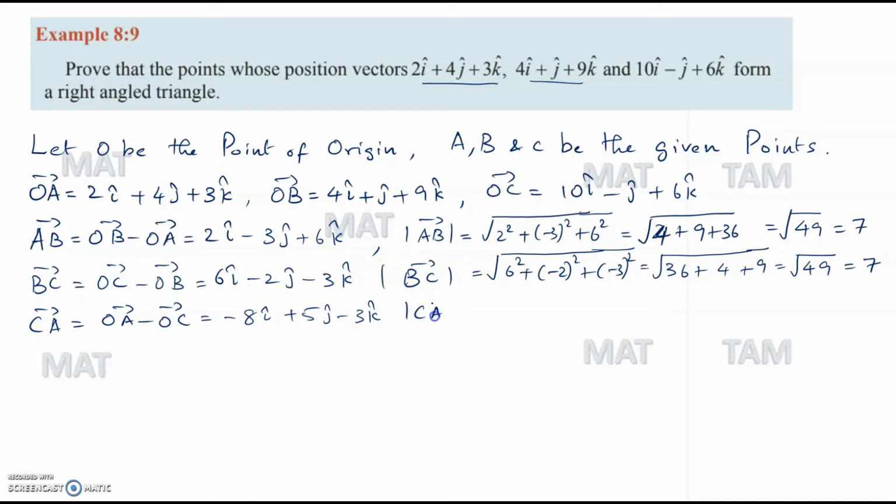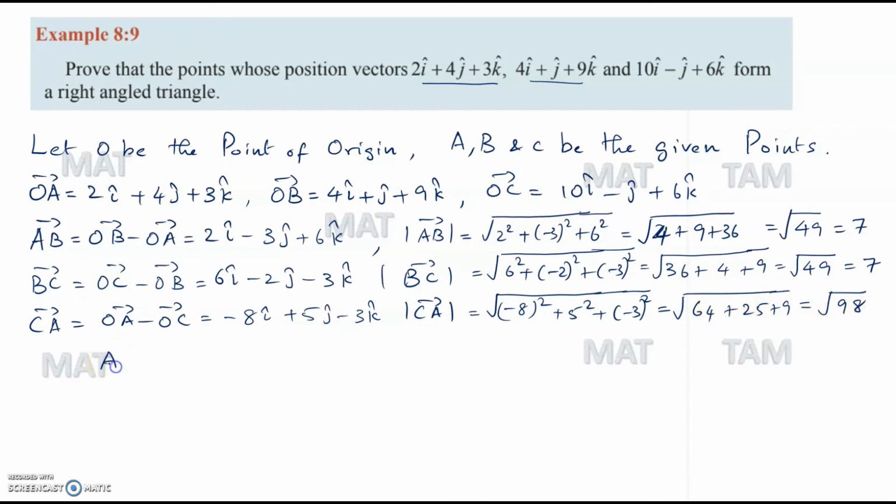Similarly, the magnitude of CA is equal to square root of minus 8 squared plus 5 squared plus minus 3 squared, which is equal to square root of 64 plus 25 plus 9, which is equal to square root of 98.